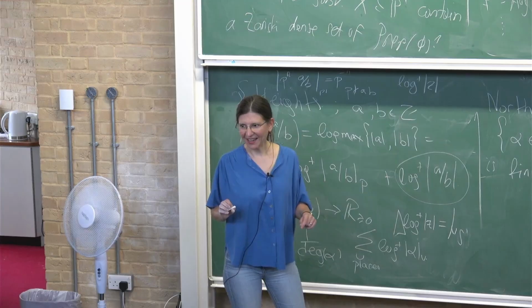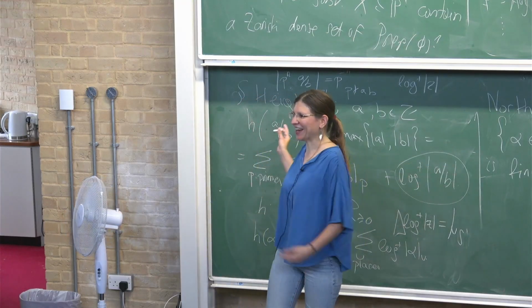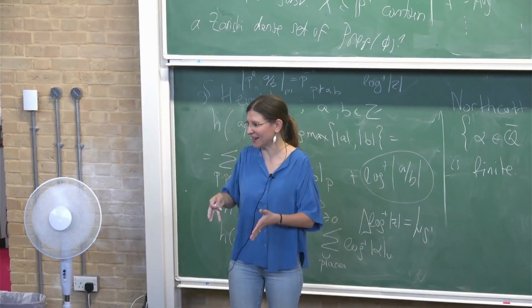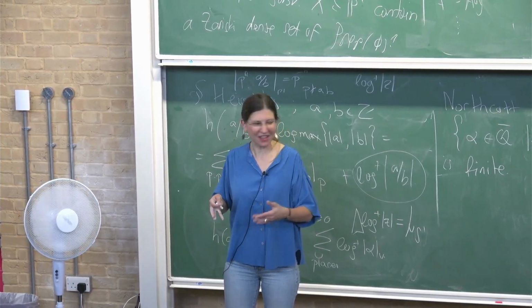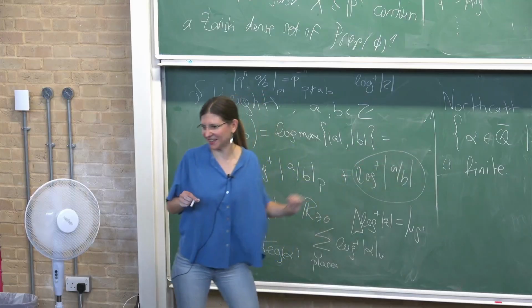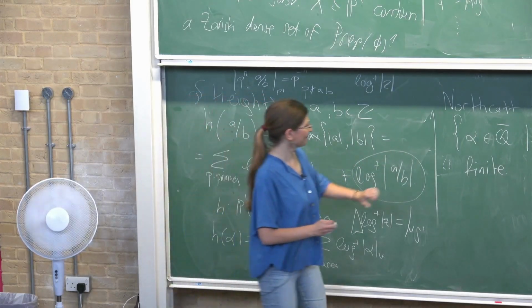Okay, exercise. Over the rational numbers, it's easy to see. You just constrain both the numerator and the denominator. That's what the height does. The degree is 1, you constrain them, you get a finite set. But it works in general.